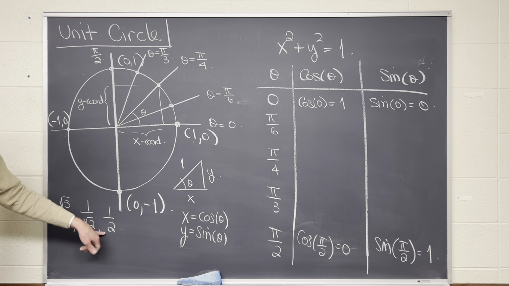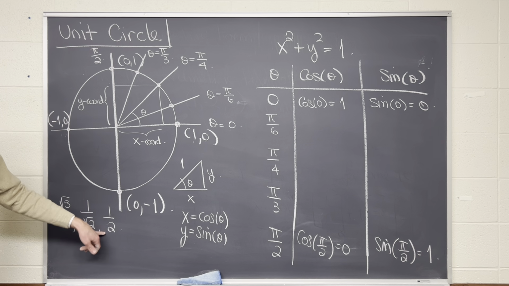Square root of 3 over 2 is bigger, which means that the x-coordinate, i.e. cosine, is going to be square root of 3 over 2. So for pi over 6, I get cosine of pi over 6 is equal to the square root of 3 over 2, and the sine of pi over 6 is equal to the smaller of those 2 numbers. Okay? So I want you to think of square root of 3 over 2 and 1/2 as being 2 numbers that are paired together.